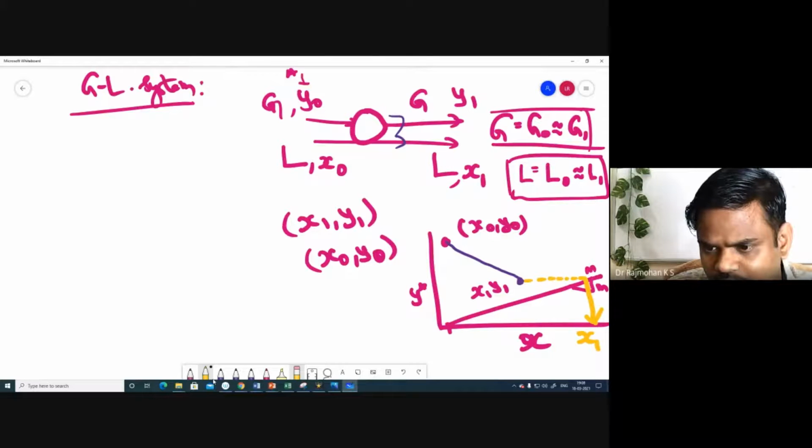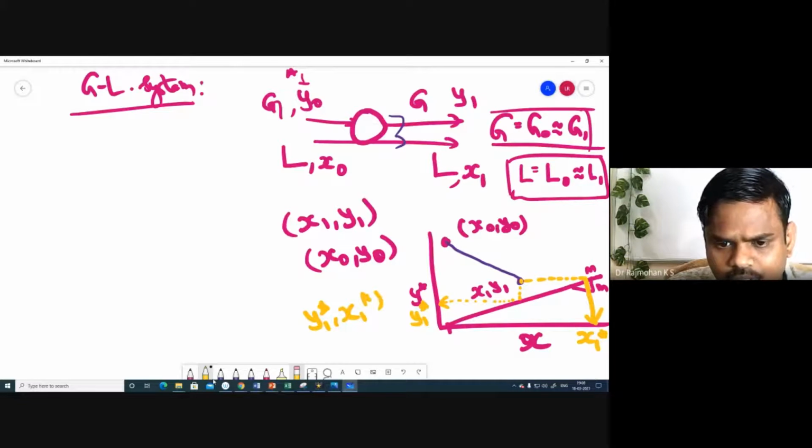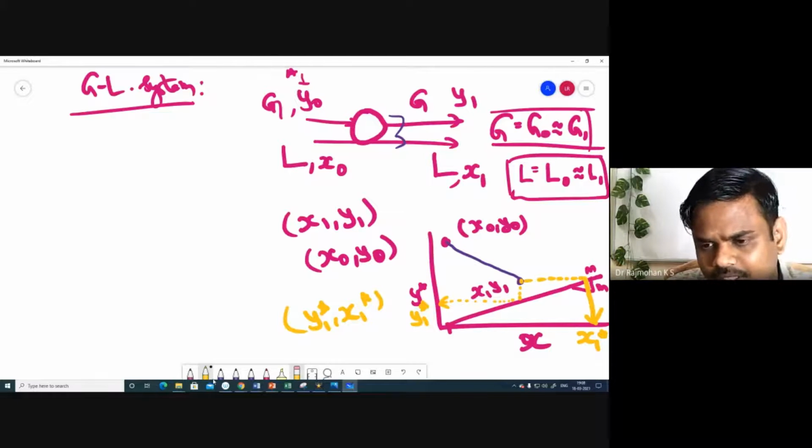Similarly for x1, we are going to have a value corresponding on the y-axis, which is y1 star. So we get y1 star and x1 star, similar to what we have done in overall mass transfer coefficient, right? These are imaginary values. So y1 would have its corresponding equilibrium value, that is x1 star. And x1's corresponding value is y1 star.